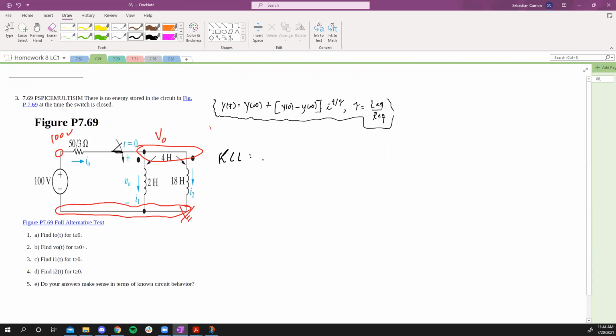The KCL is I naught equals I1 plus I2. The equation for components: I naught is equal to 100 minus V naught over 50 over 3.